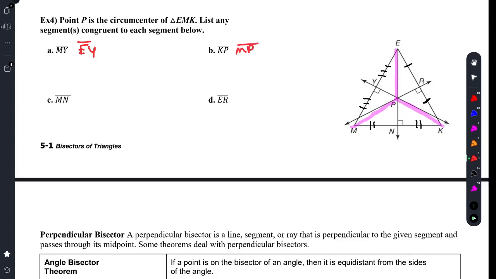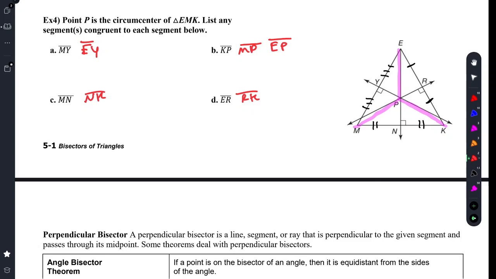MP and EP. That's what a lot of people will miss. MN? KN or NK, yeah? And RK or KER. KER's better. All right, got it? Pretty simple? All right. Listen, you either know that relationship and you get it right every time, or you don't know the relationship and you miss it every time.